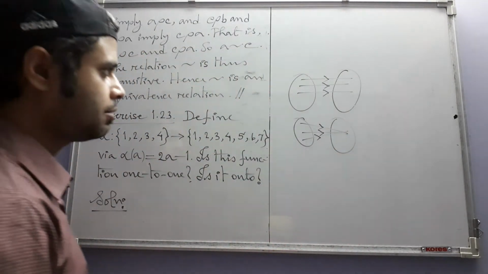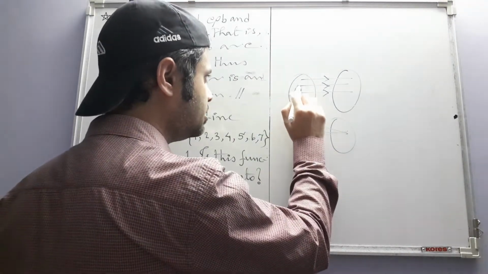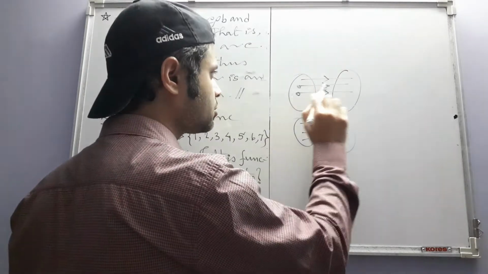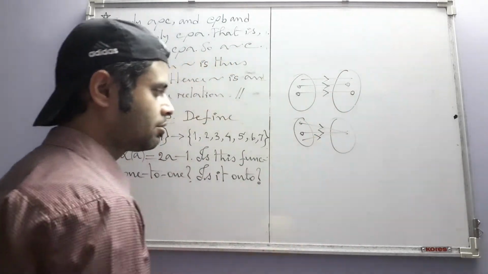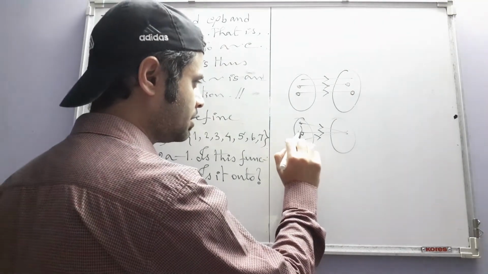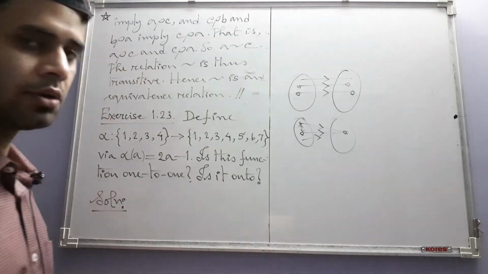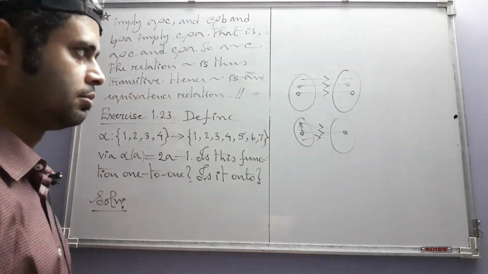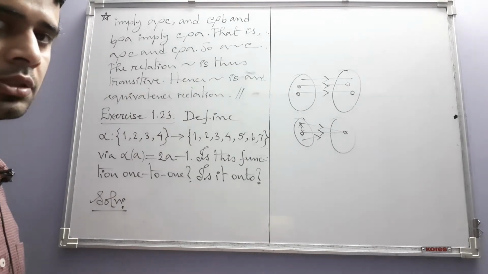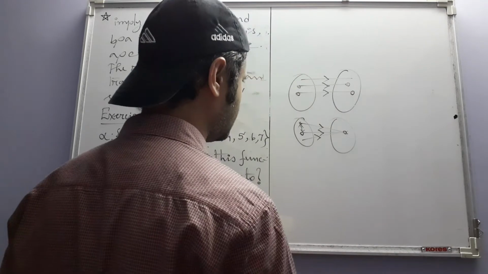That means for one-to-one functions, distinct inputs should give you distinct outputs. Here in a many-to-one function, you may have distinct inputs but may end up with the same output. In one-to-oneness, all the arrows are parallel, if you want to express this situation by saying something like that.